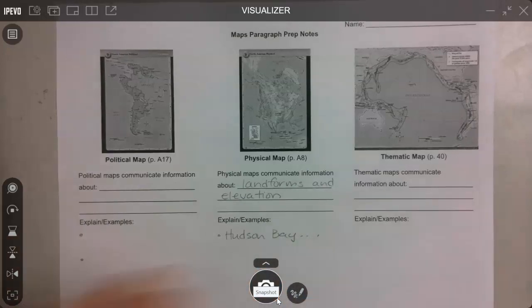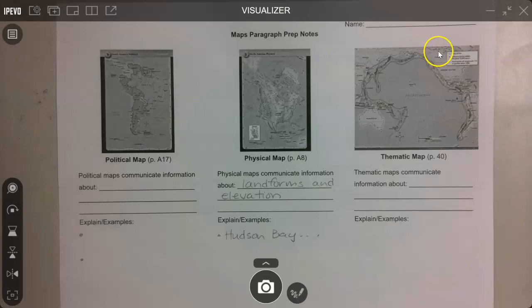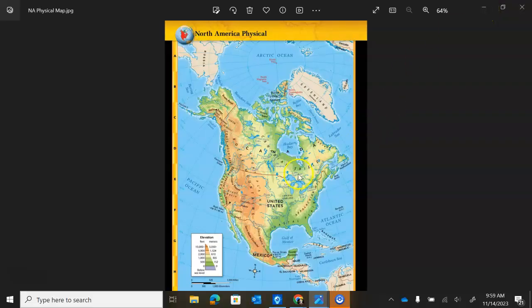I'm not going to write them for you. I want you to pick your own. The Gulf of Mexico, the coastal plain, right? Pick some examples of landforms that are found on this map. Go ahead and pause the video when I get back to this map. You're going to pause the video, and why don't you pick some different landforms that are found on that map.